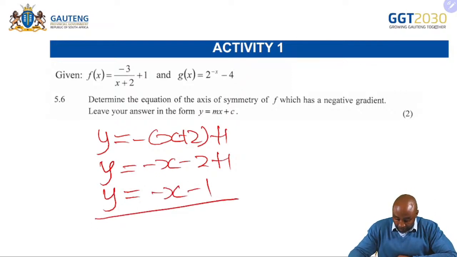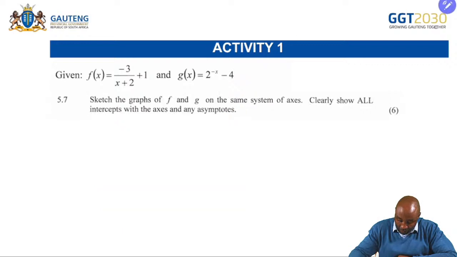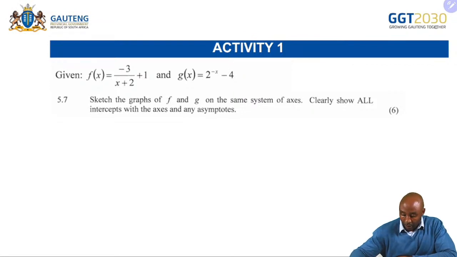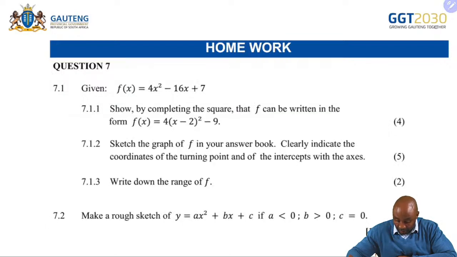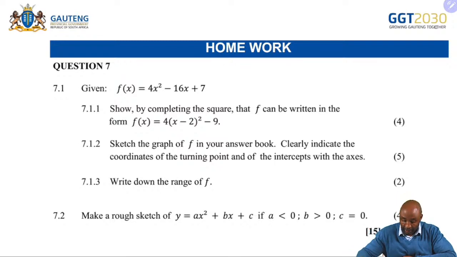Now, the next question, we are supposed to sketch the two graphs on the same system of axes. So we shall use the information that we have learned to do the sketch, and due to time, I will not be able to sketch that one. You will sketch it on your own because you have all the information to help you sketch the graph.